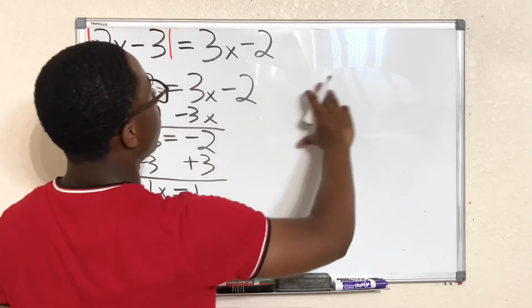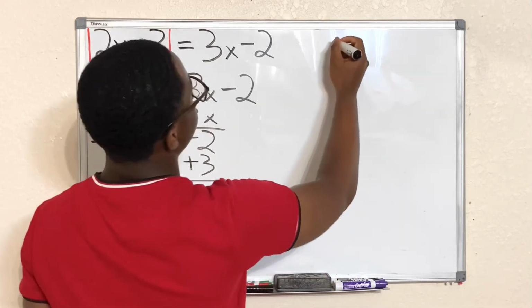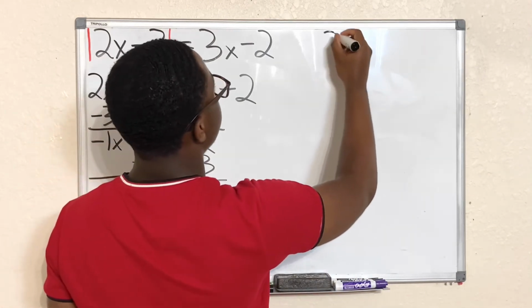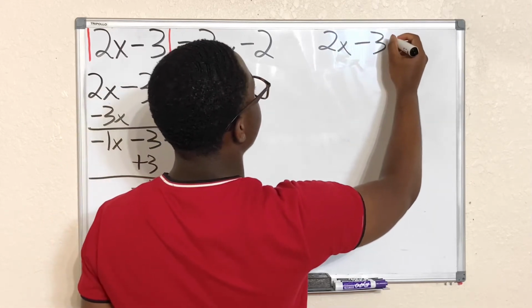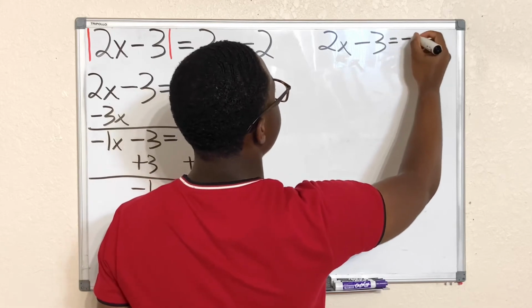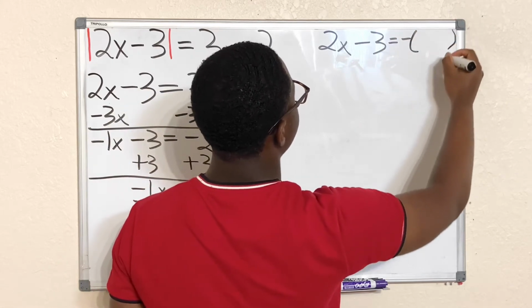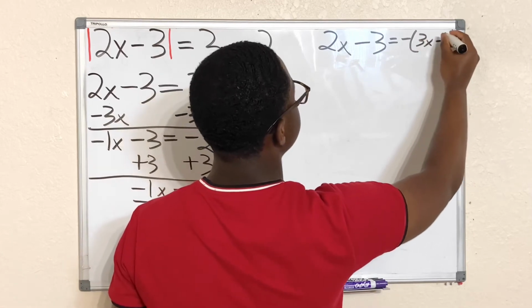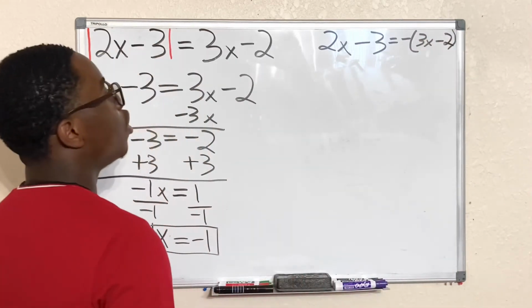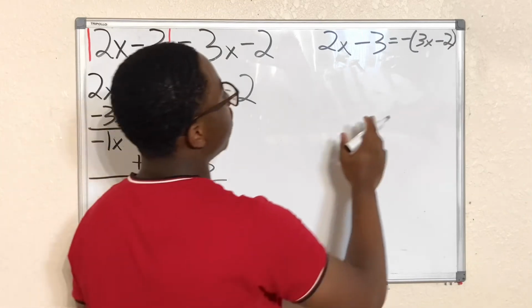Now let's go ahead and do our opposite side. So let's start over here. We have our 2x minus 3. Now remember, guys, it's opposite, so everything on this side is going to be multiplied by a negative. So we have 3x minus 2. Now we're going to multiply everything by negative 1.